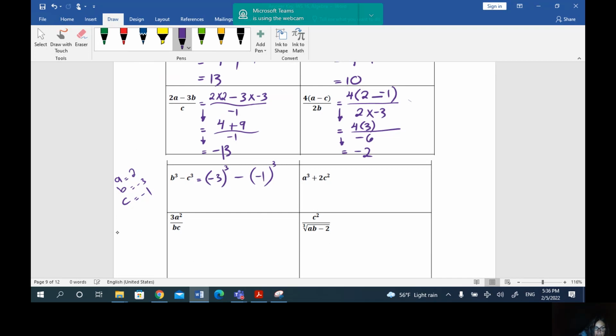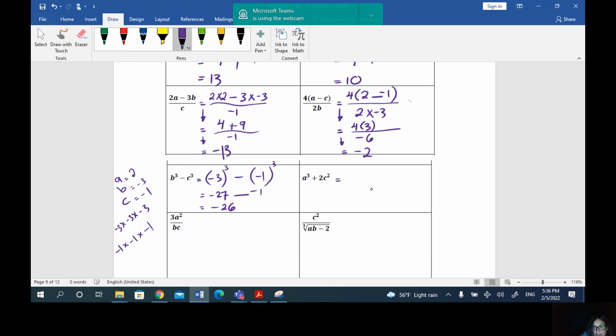So -3 to the power of 3 means -3 times -3 times -3, and the answer will be -27 minus -1 times -1 times -1, which is -1 to the power of 3, which will bring it down to -1. So -27 plus 1 will be -26.